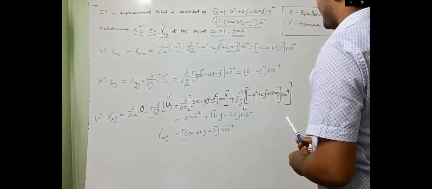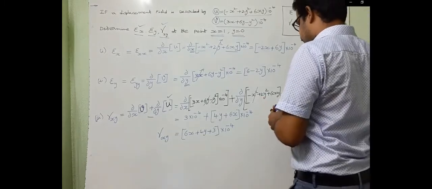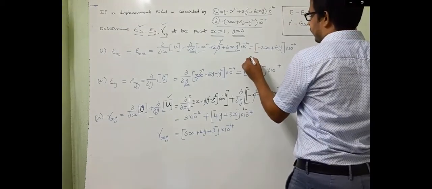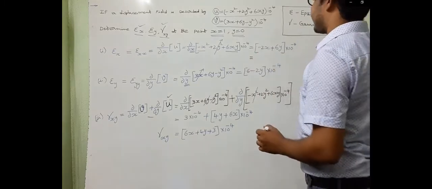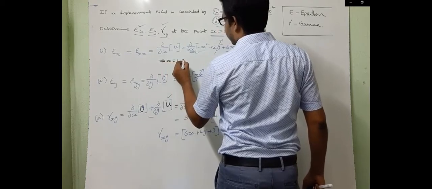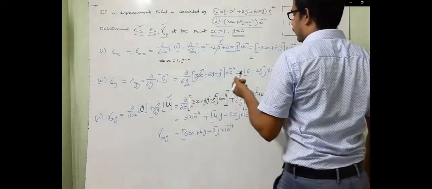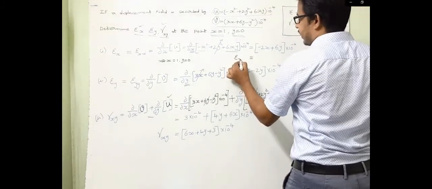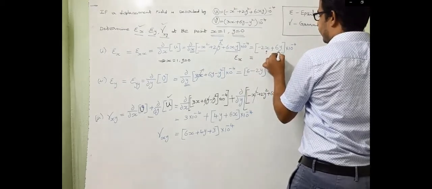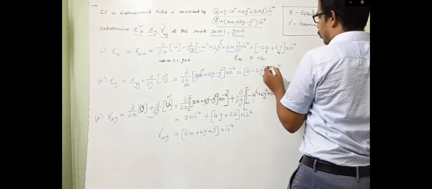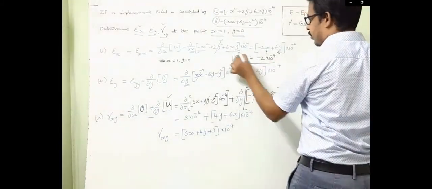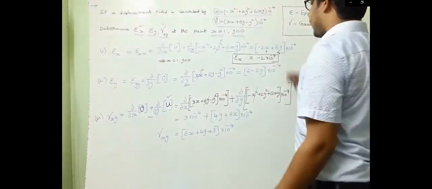Epsilon x is minus 2 into x, so with x equal to 1 and y equal to 0, epsilon x is minus 2 into 10 power minus 4.